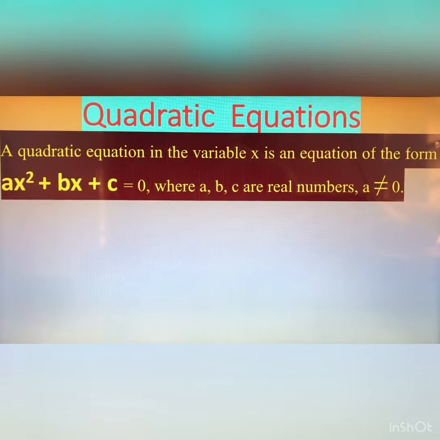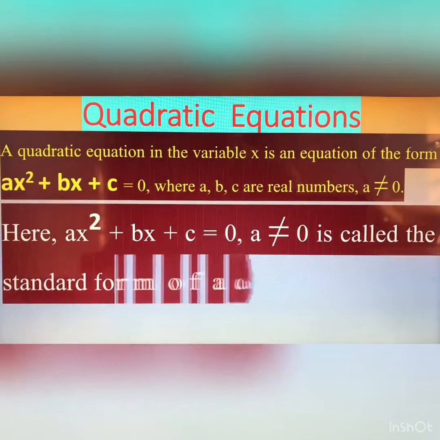Means all the equations which are second degree polynomials, that is in the form of ax square plus bx plus c equal to 0, but the necessary condition is that the coefficient of x square will never be 0, then that type of equations are known as quadratic equations.